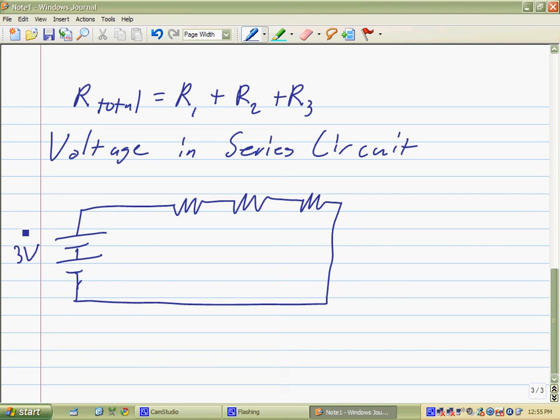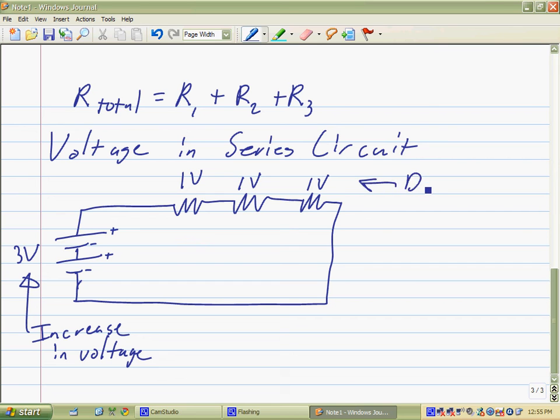And that was an increase in voltage. Here it was 1 volt, 1 volt, and 1 volt. And these were all decreases, or voltage drops.